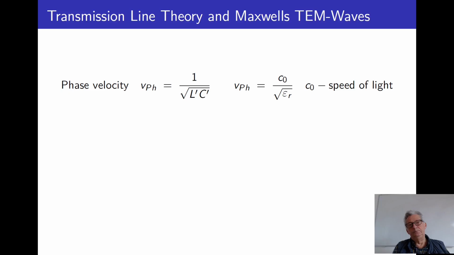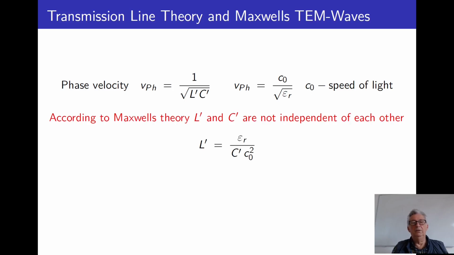So according to the transmission line theory, it seems that L prime and C prime can be changed independent of each other. But if you start with Maxwell's theory, you will find that the corresponding waves, which are called TEM waves, have a phase velocity which is c naught divided by the square root of epsilon r if the transmission line is embedded in a certain dielectric, while c naught is the speed of light.